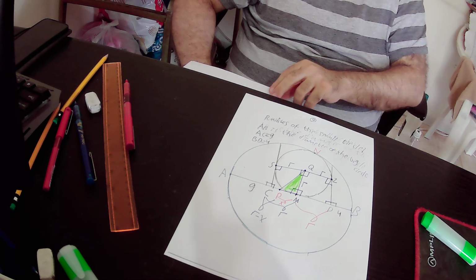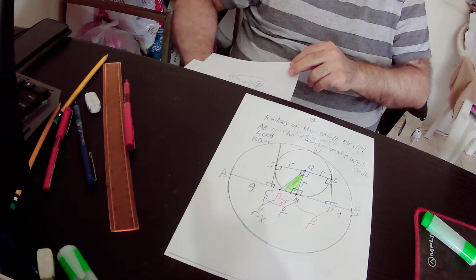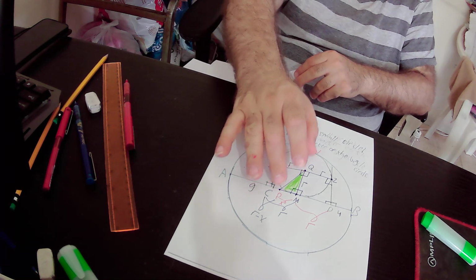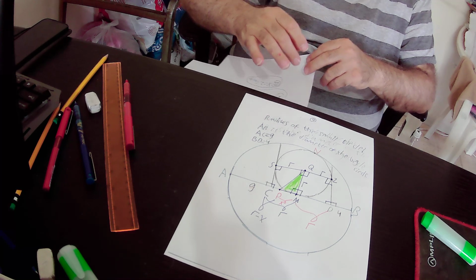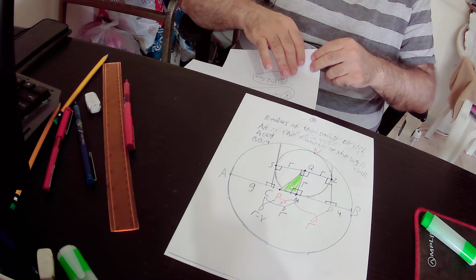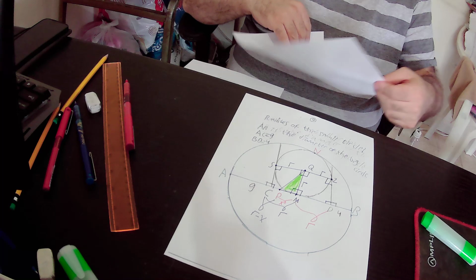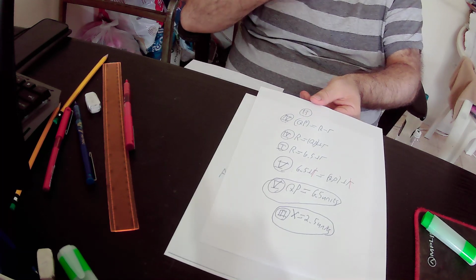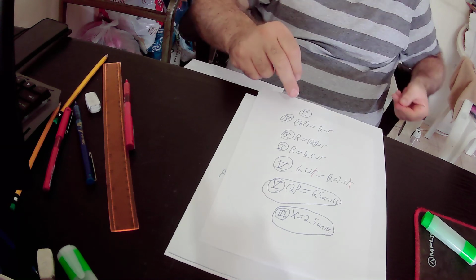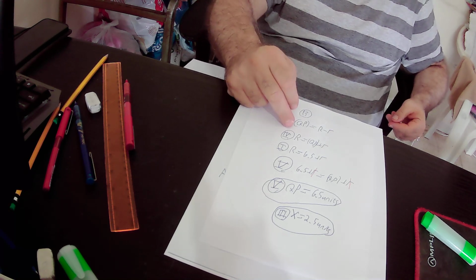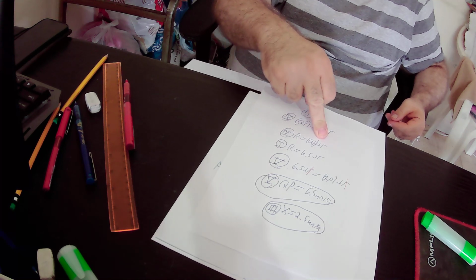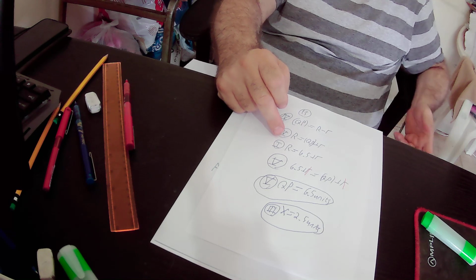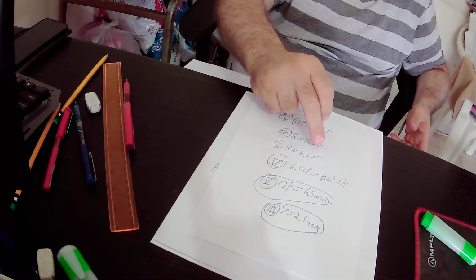We can implement rule number 5 in our two circles because they touch each other internally at point N. Therefore, according to rule number 5, the distance between the centers, that is QP, will be equal to capital R minus small r, the difference between the radiuses. So capital R equals QP plus small r. And we have equation number 1 that states that capital R equals 6.5 plus small r.